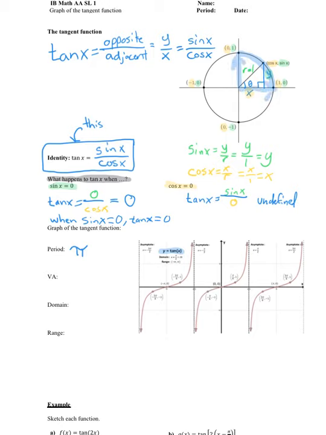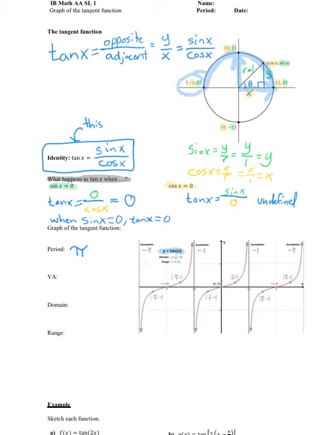When I get to quadrant 2, it's going to be positive y values divided by negative x values. And what happens is I go from 0 divided by 1 and then all the way back to 0 divided by -1, so I get another 0 at 180 degrees there.